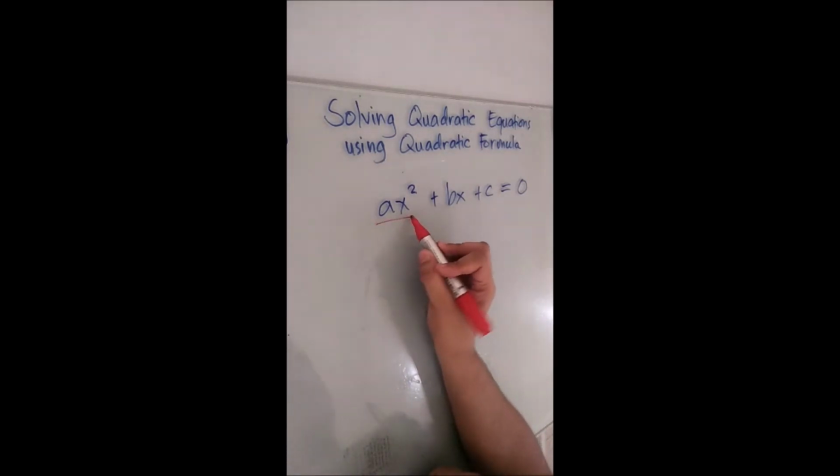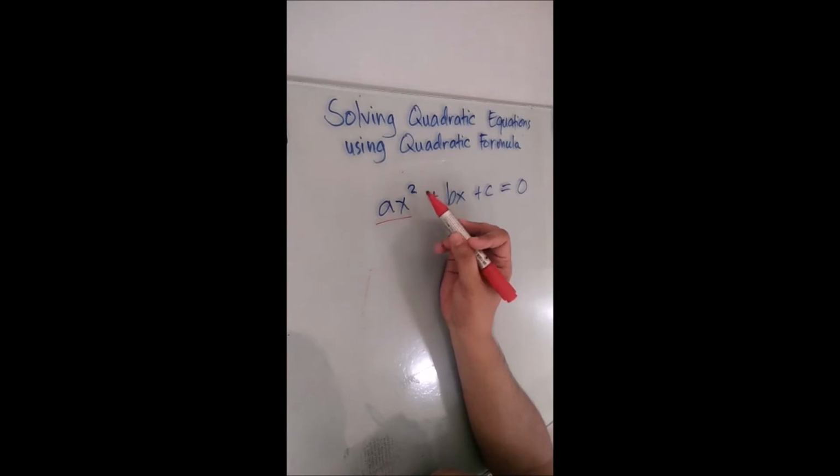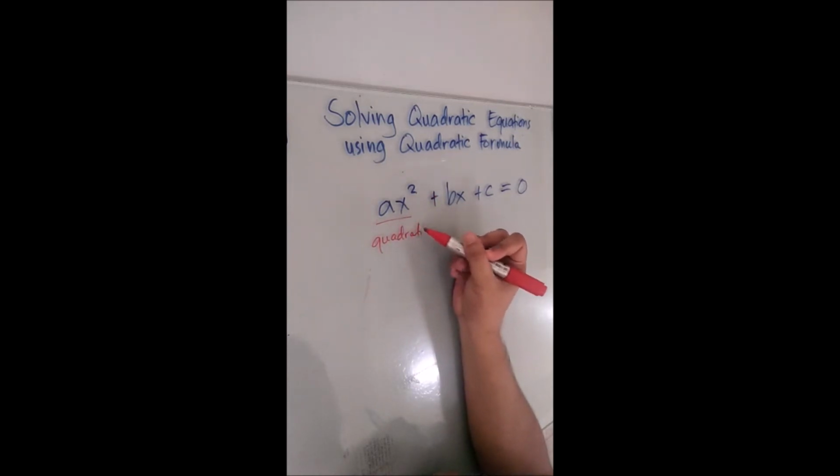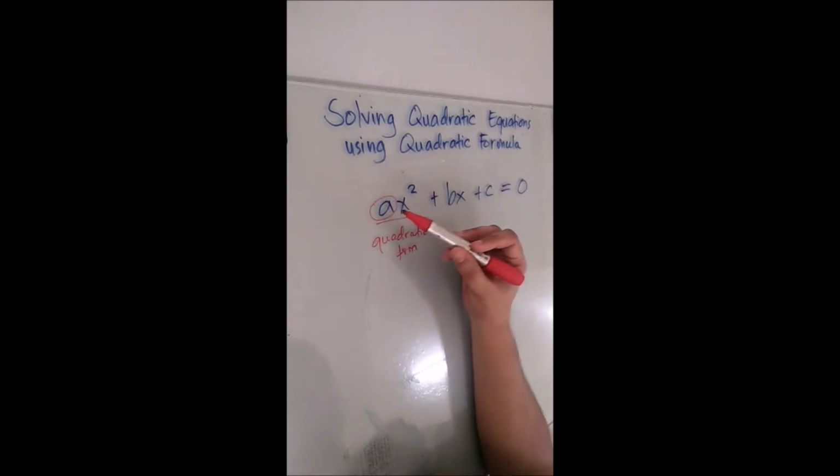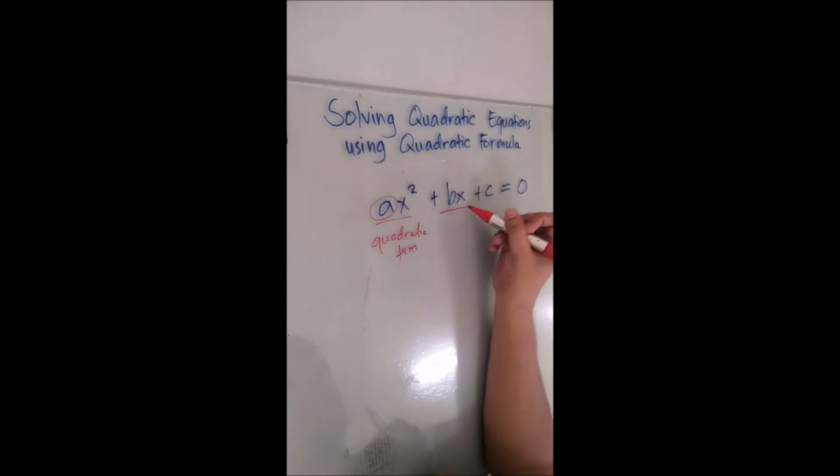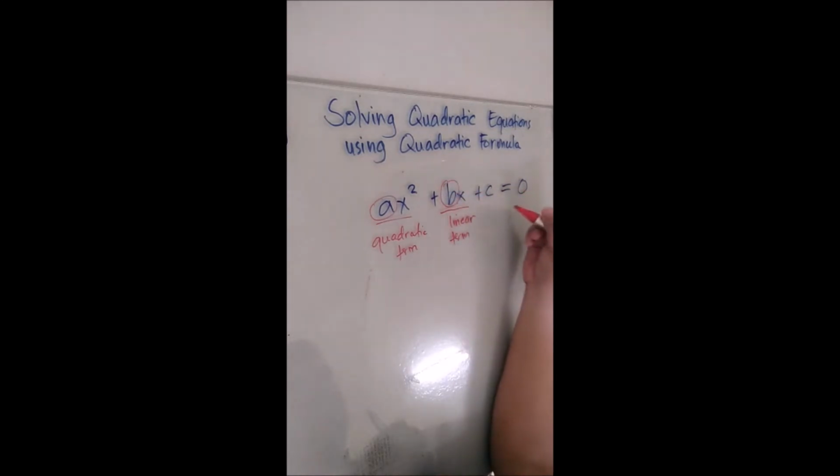So ax squared is the quadratic term, and a is the coefficient of the quadratic term. bx is the linear term, and b is the coefficient of the linear term. And c is the constant term.